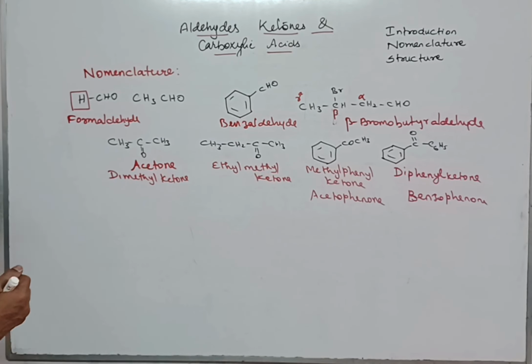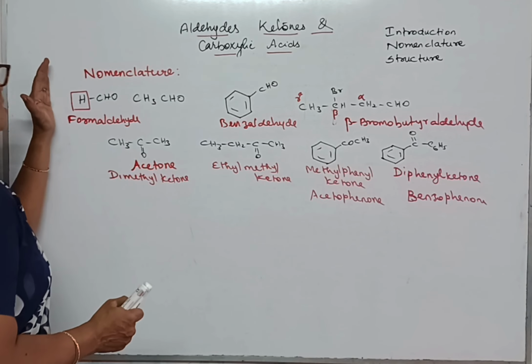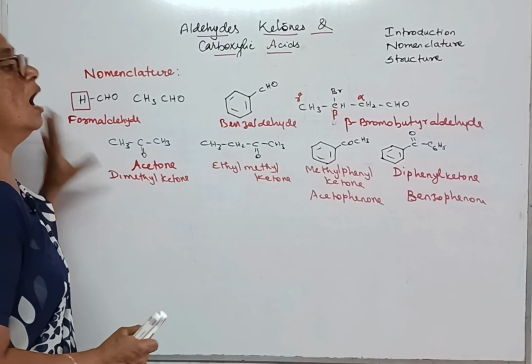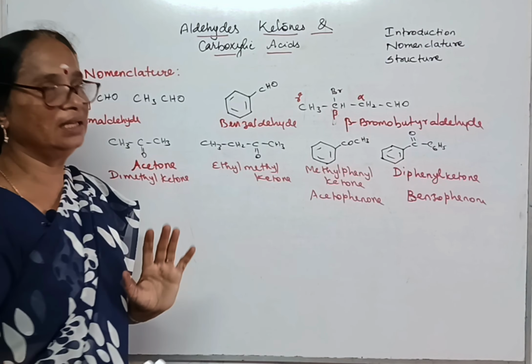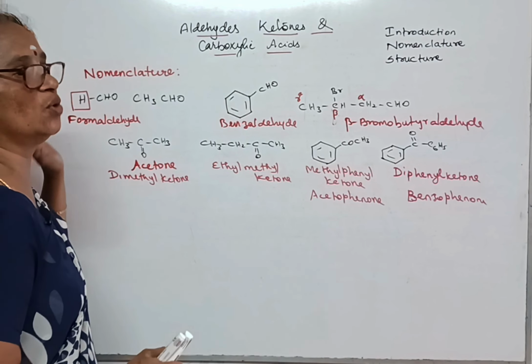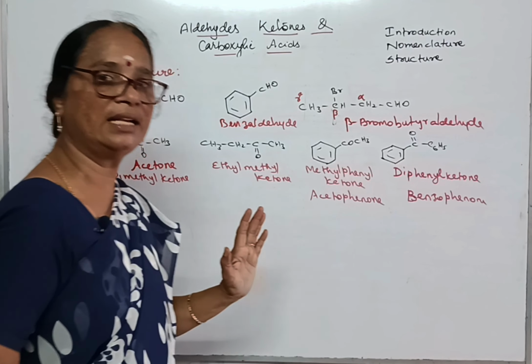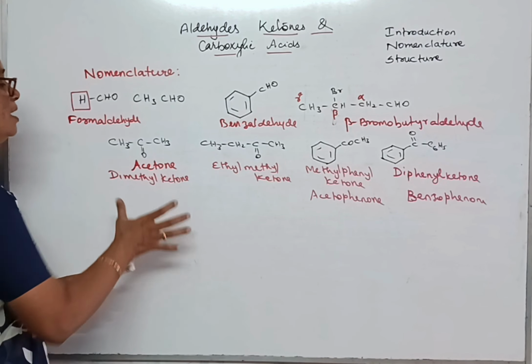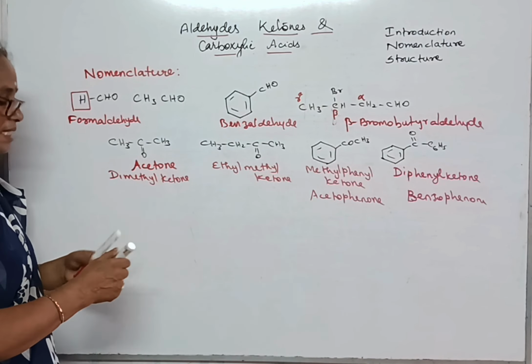So under nomenclature, we have given common names for these compounds. When the number of carbons increases, the successive carbon atoms very next to the functional group are designated by alpha, beta, gamma, delta. For example, in ketones also you can designate them.